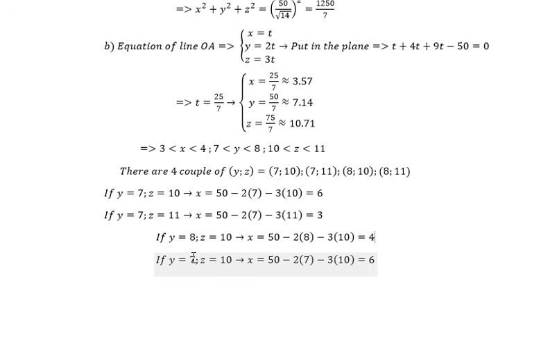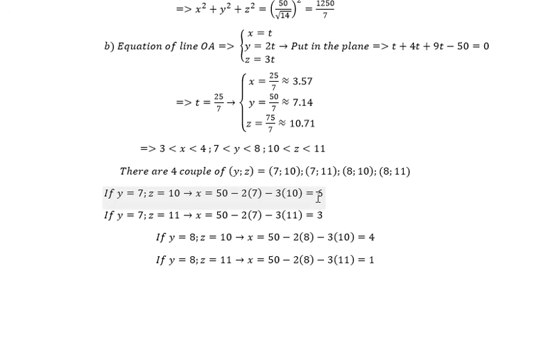Now we change to 8 and 11, and this is number 1.